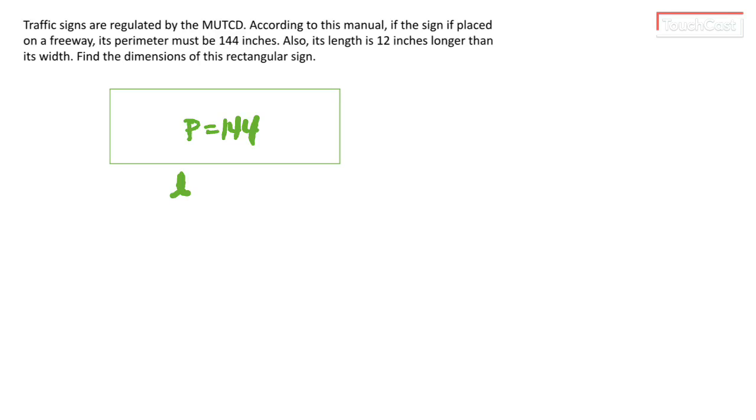Well, if this one's my length and this one's my width, we know that it's going to take two lengths and two widths added together to get our perimeter. And so we can say that two lengths plus two widths is going to give us 144. Or if you wanted to write it all the way out, you could say length plus width plus length plus width, and that would give us the original equation.